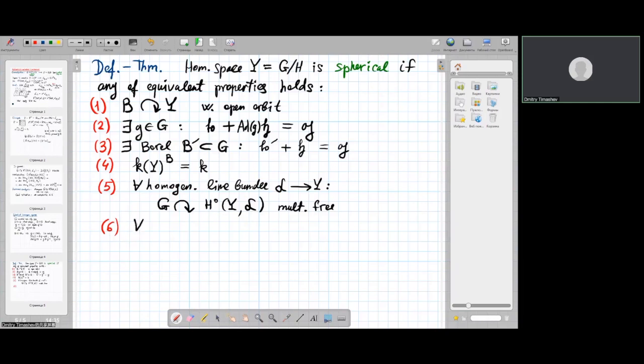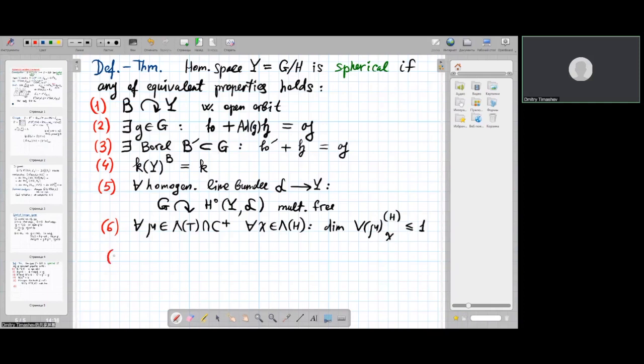It says that for any dominant weight mu, and for any character chi of H, the dimension of the space of H semi-invariant vectors in the irreducible representation with highest weight mu, with eigenweight chi, is always at most one, for any mu and any chi.